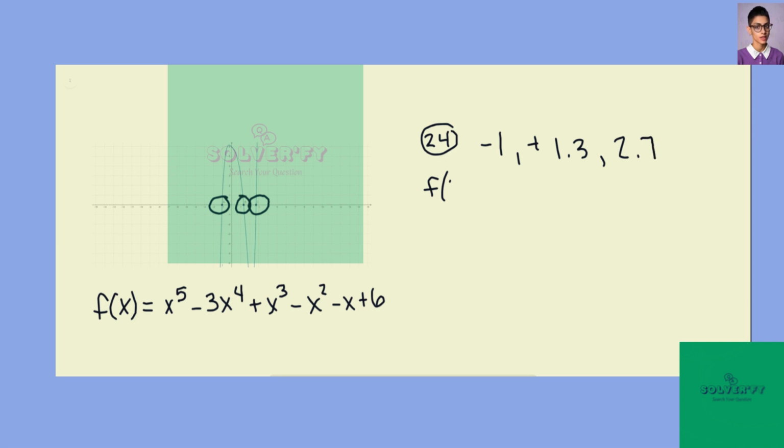Now, the website will give me the exact number, but Newton's method is to say x sub n plus 1 equals x sub n minus f of x over f prime. So I put this in my graphing calculator.